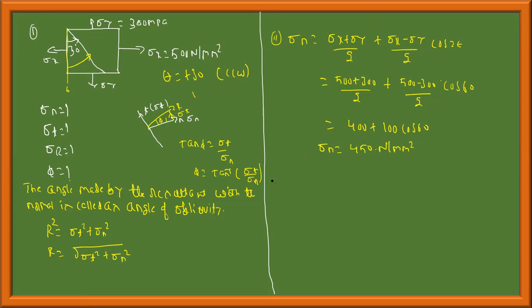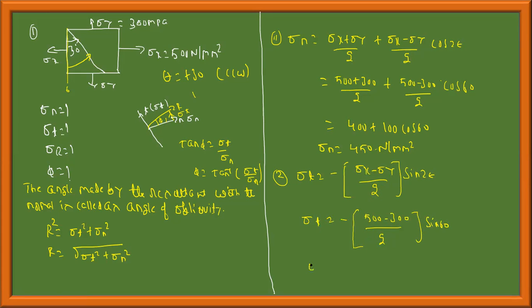Sigma t is given by minus of sigma x minus sigma y by 2 into sin 2 theta, which is equal to minus of 500 minus 300 by 2 into sin 60, which is minus 100 sin 60.